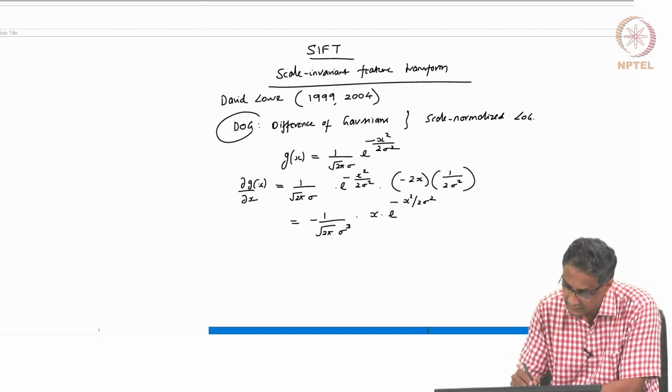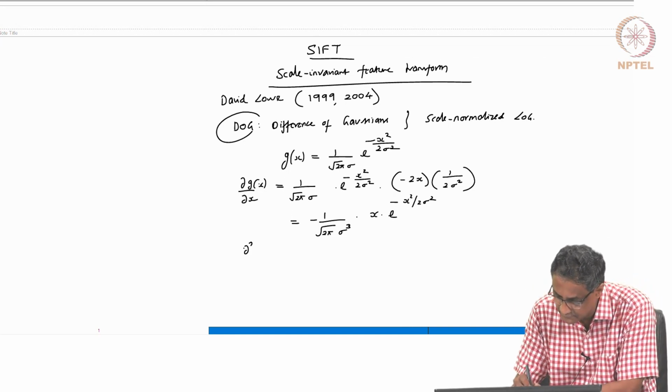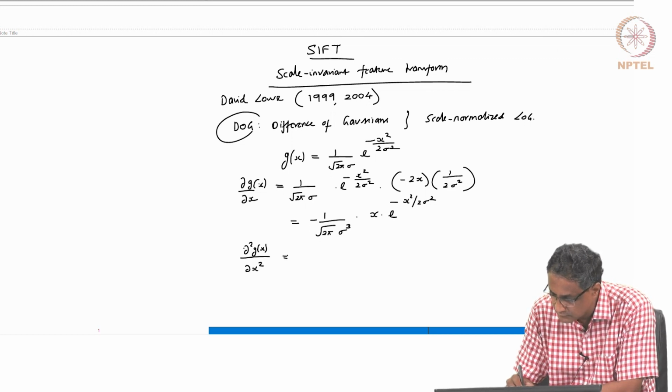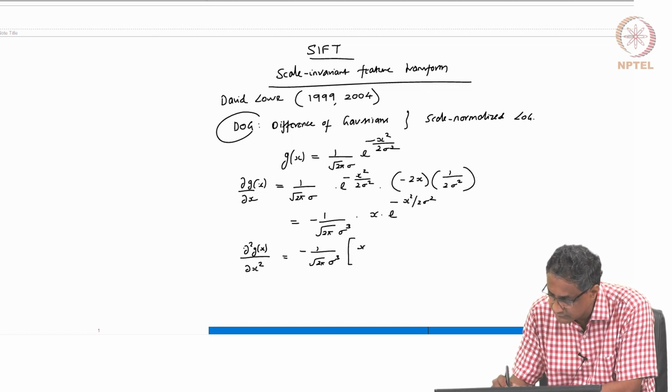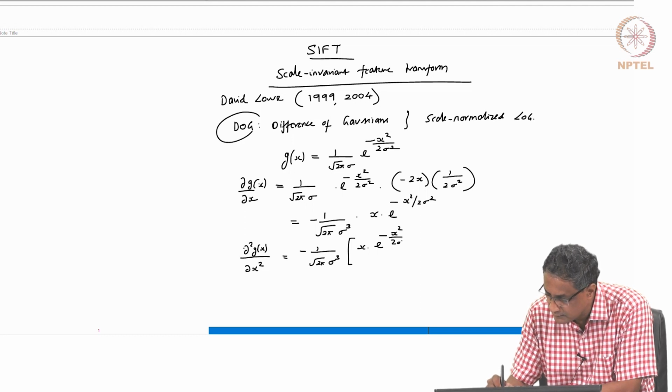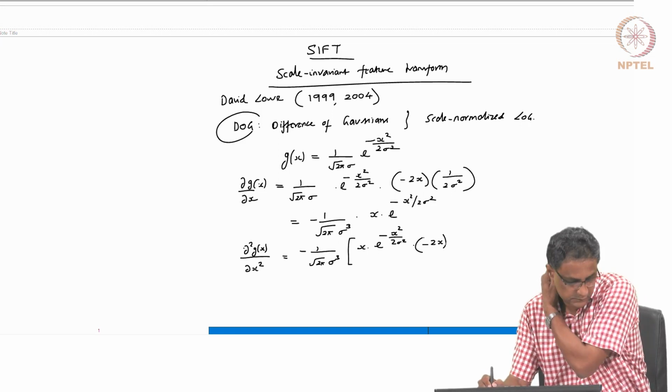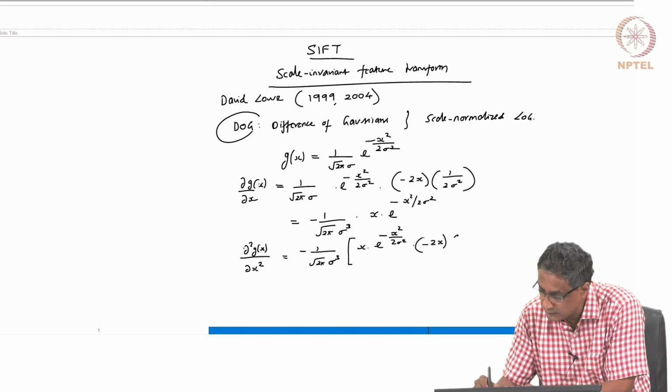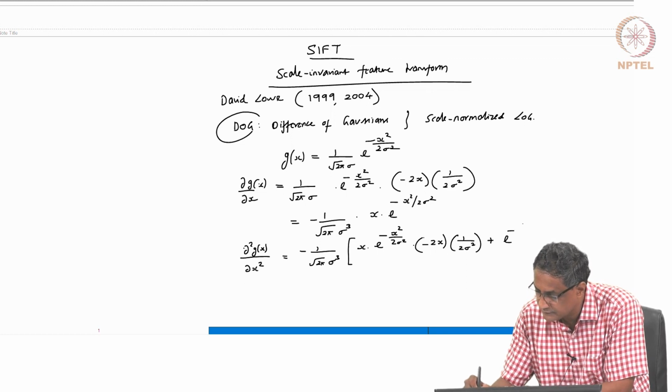Then let us look at the second derivative. This is minus 1 by root 2 pi sigma cube x into e raised to minus x square by 2 sigma square into minus 2x by 2 sigma square, plus e raised to minus x square by 2 sigma square.